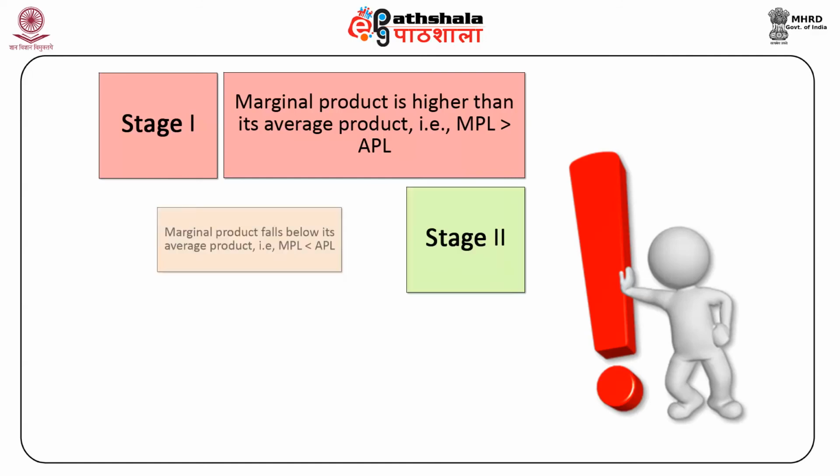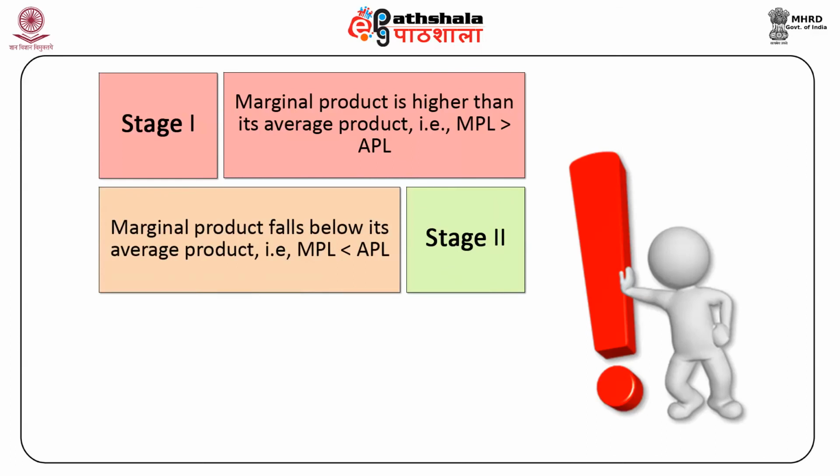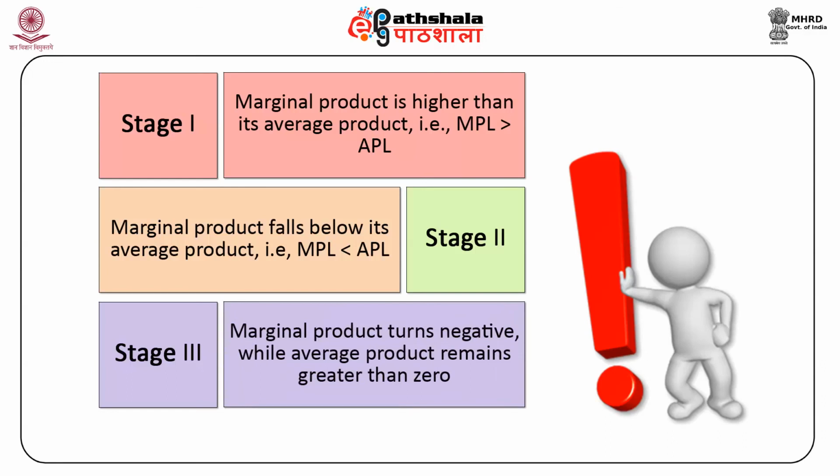Stage 2: the marginal product of the variable factor falls below its average product. That is, in stage 2, MPL is less than APL, but both remain greater than 0. Stage 3: the marginal product of the variable factor turns negative, while the average product remains greater than 0.